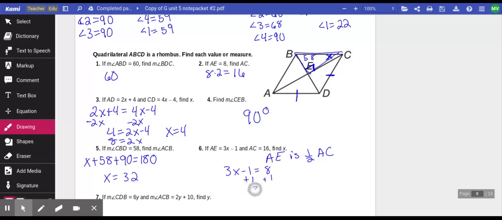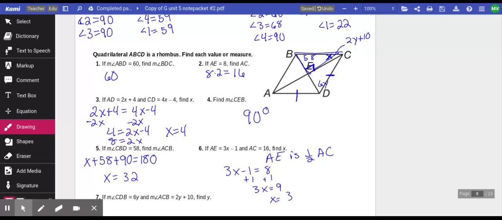Add 1, 3x equals 9, so x equals 3. Then CDB is 6y, and ACB is 2y plus 10.